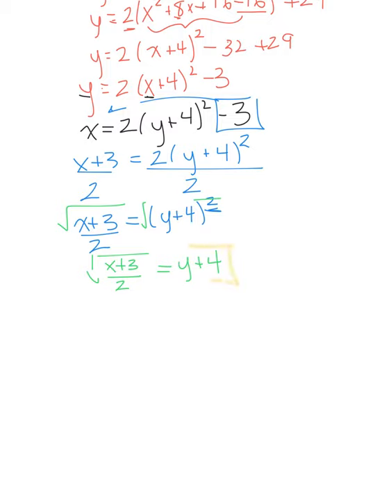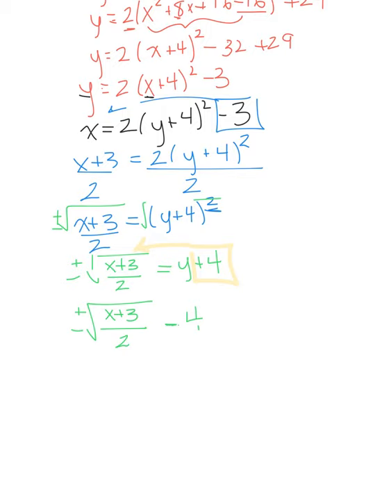Finally, we need to take this plus 4 and move that over to the other side of the equation. So I'm going to be getting, sorry, I forgot to tell you that when we are taking this square root, we do need to be adding a plus minus here. We are going to be getting plus or minus the square root of (x plus 3) divided by 2, subtract 4.